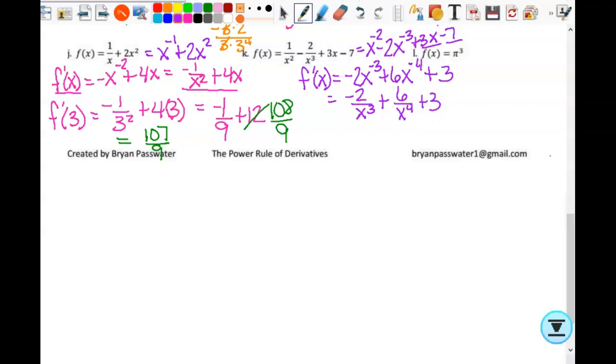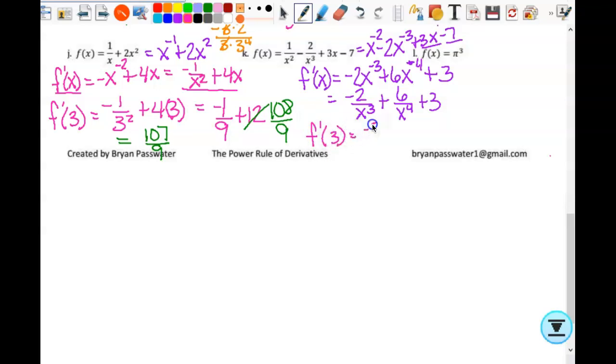Okay, we agree with that? And that's going to be way better. Be careful when you're doing this that you don't try and turn this into a negative 6 or something weird like that. The negatives on the exponent don't change the signs on the numbers or anything. All right, so now that we have that, I want to find f prime of 3.